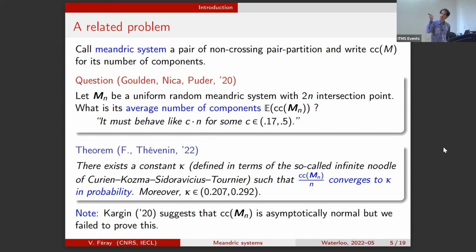The idea is that, at least at order n, what our proof says is that the leading term is really components of small size and also small width, and for components of that size, we can prove there is a central limit theorem, so it's asymptotically normal with linear variance.